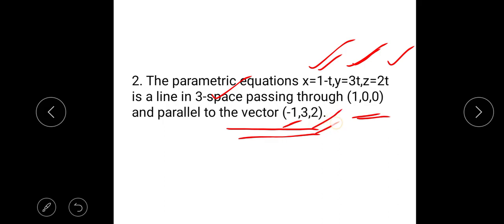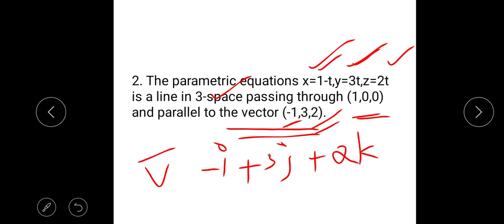Therefore, the third component is 2. Hence, this straight line is parallel to the vector minus 1, 3, 2, or in terms of vectors, minus i plus 3j plus 2k. So this is a vector which is parallel to the given straight line.